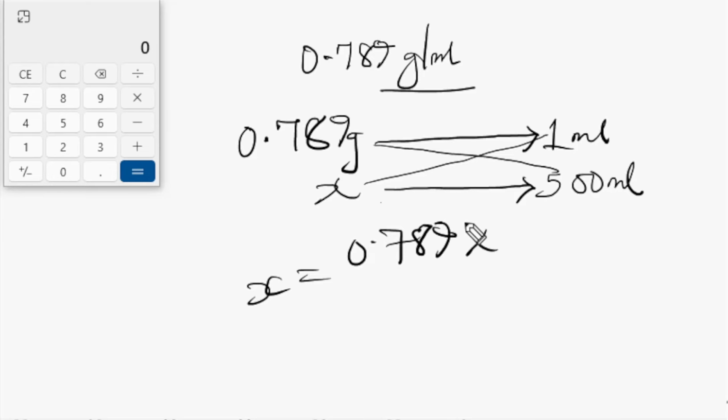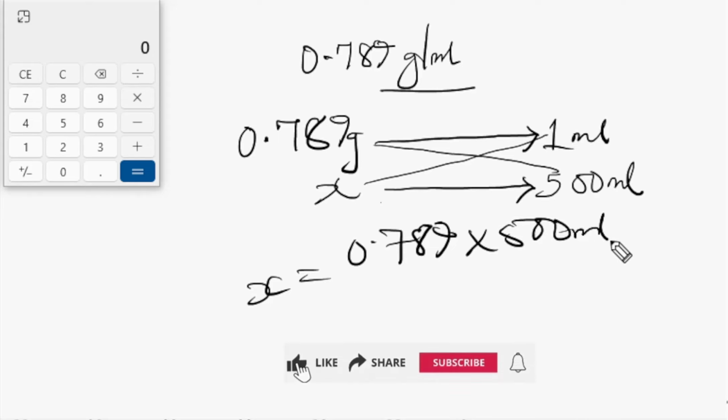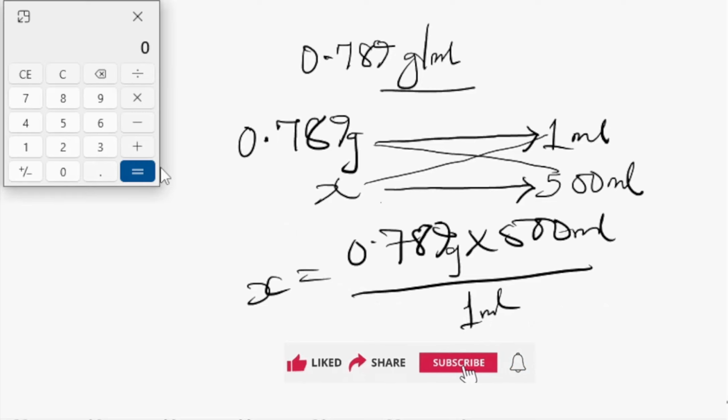0.789 grams times 500 ml over 1 ml. So let's go ahead and use our calculator here. 0.789 grams times 500 ml, and that's 394.5 grams.